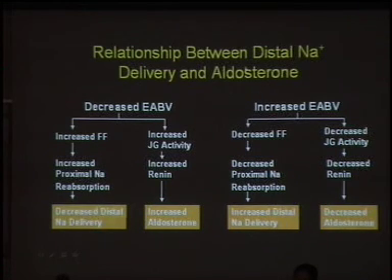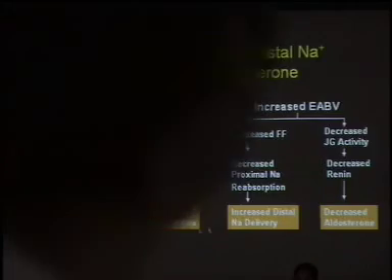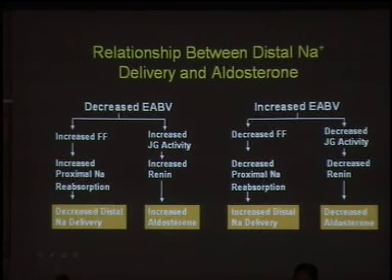Then in hypervolemia, meaning increased effective arterial blood volume for whatever reason, you would increase the distal sodium delivery because the volume is already high. So the kidney responds to try to excrete more sodium, so you reduce the proximal reabsorption and it comes down distally, and you would inhibit aldosterone. So you would see the distal sodium delivery and aldosterone go opposite ways. So you won't lose potassium.